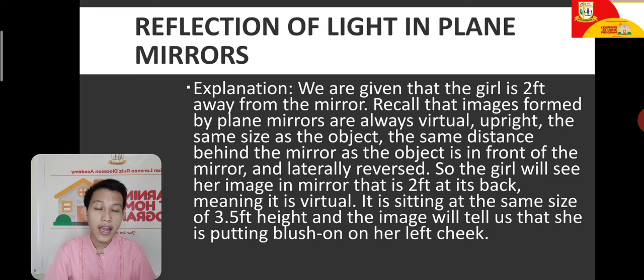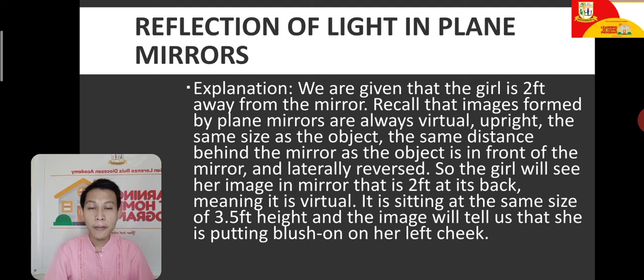So, yung image niya ay makikita rin natin ng 2 feet away from the mirror. And her height will also be 3.5 feet. Kung gaano siya katangkad in actual life, ganun din makikita in mirror.